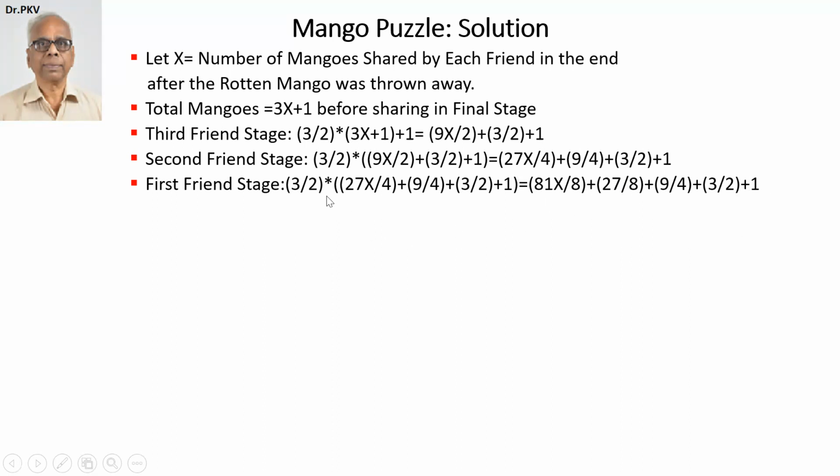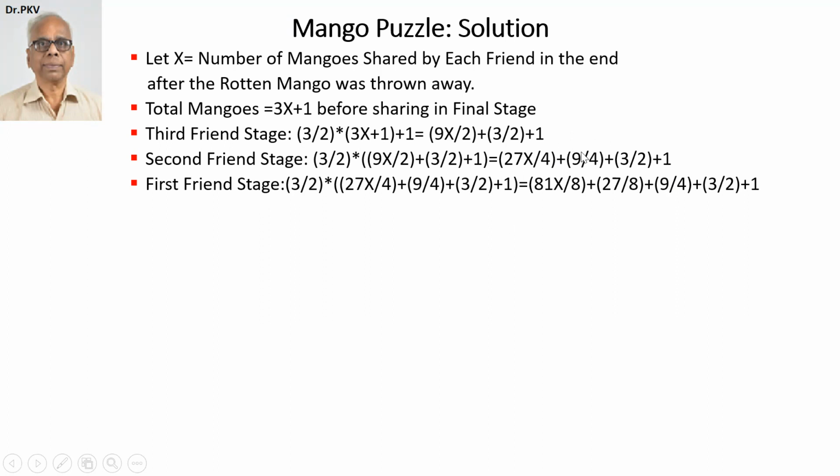So when I do that, 3 by 2 into 27x upon 4 plus 9 by 4 plus 3 by 2, I get 81x upon 8 plus 27 upon 8 plus 9 upon 4 plus 1 I'm adding here plus 3 by 2 plus 1. So multiply this by 3 by 2, you get 81x upon 8.